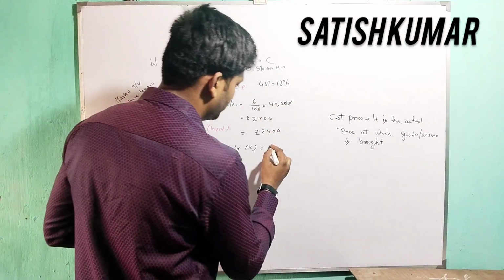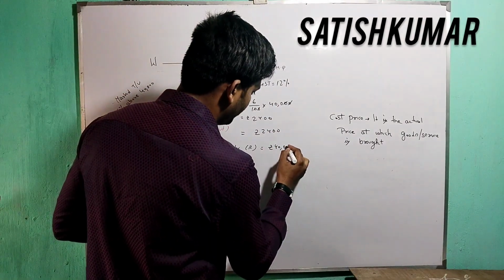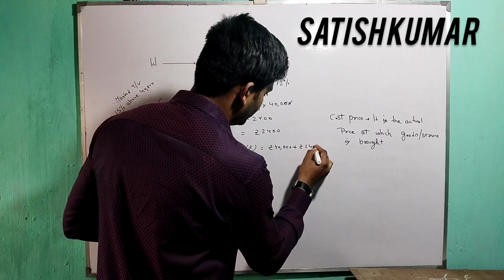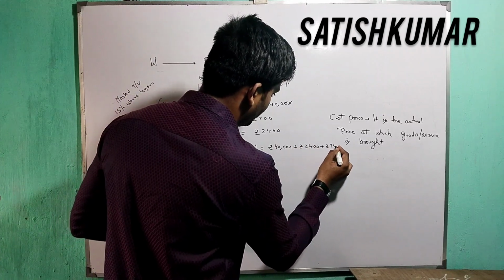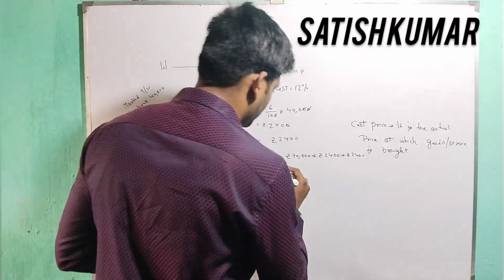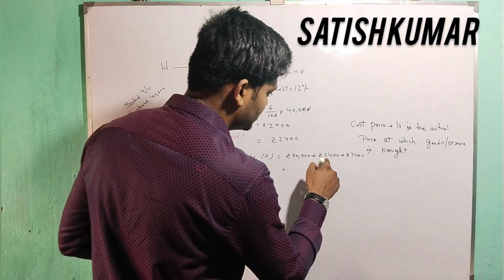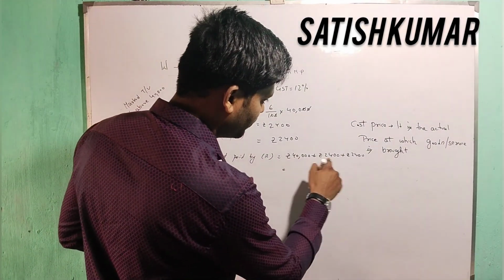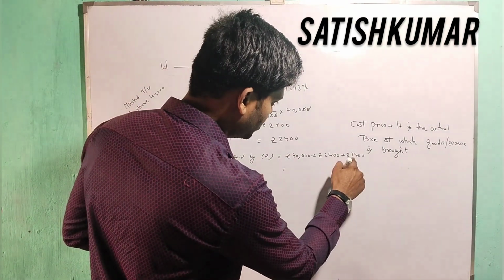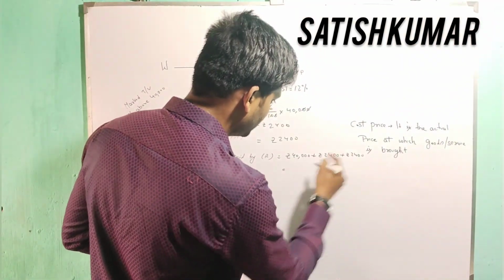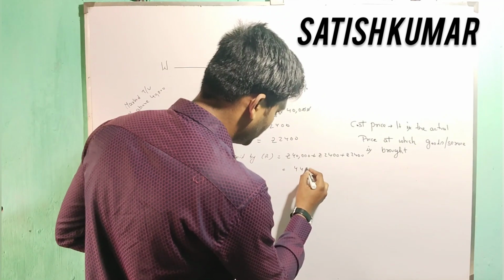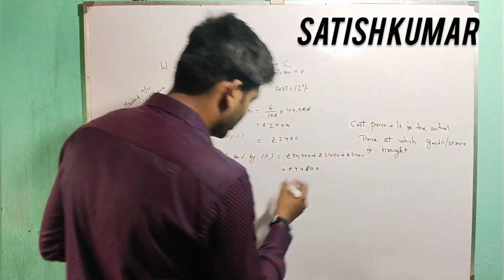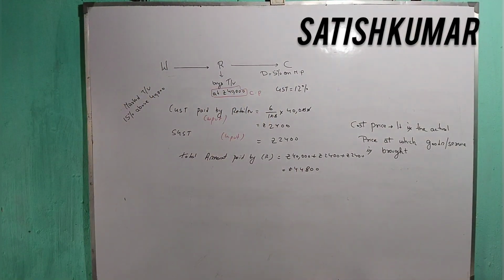So this one, 40,000 rupees plus 2400 plus 2400, so it will be 44,800. So this is the price at which he is getting the goods, including the tax.